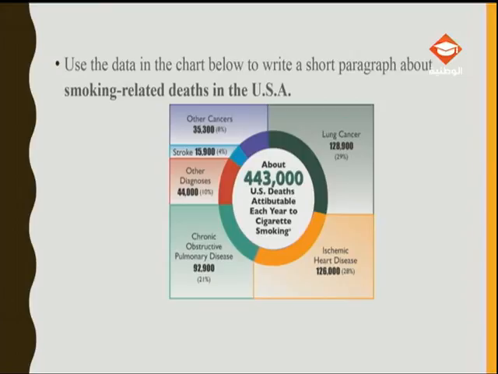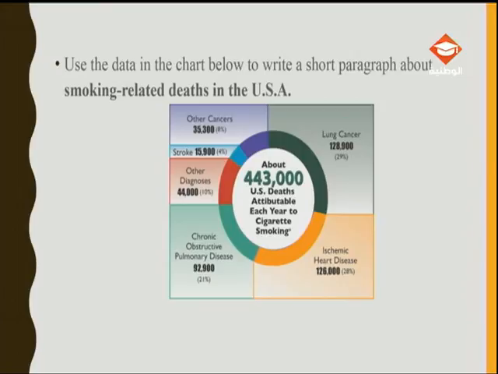The second is what we call ischemic heart disease, let's say heart disease, in 28% of the cases, so almost on the same level as lung cancer. Followed by chronic obstructive pulmonary disease in 21% of the cases, or 92,900 people.